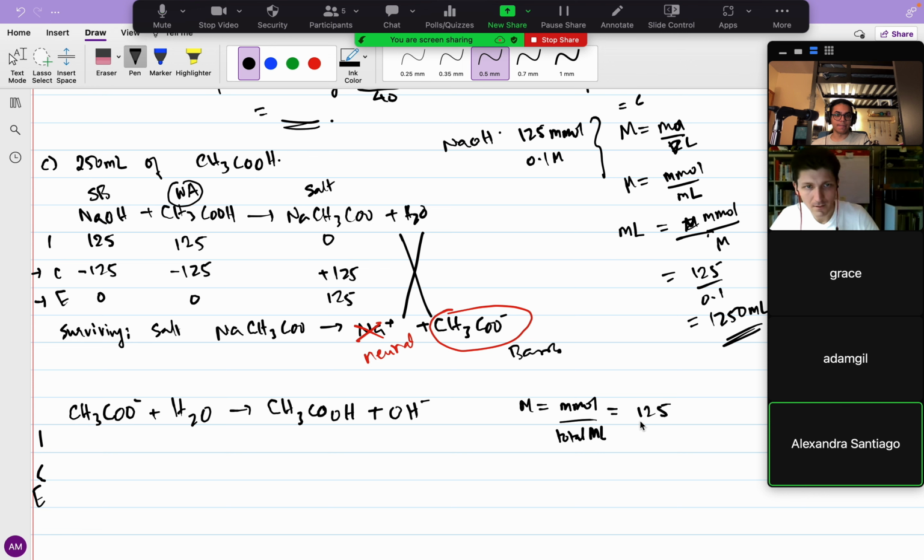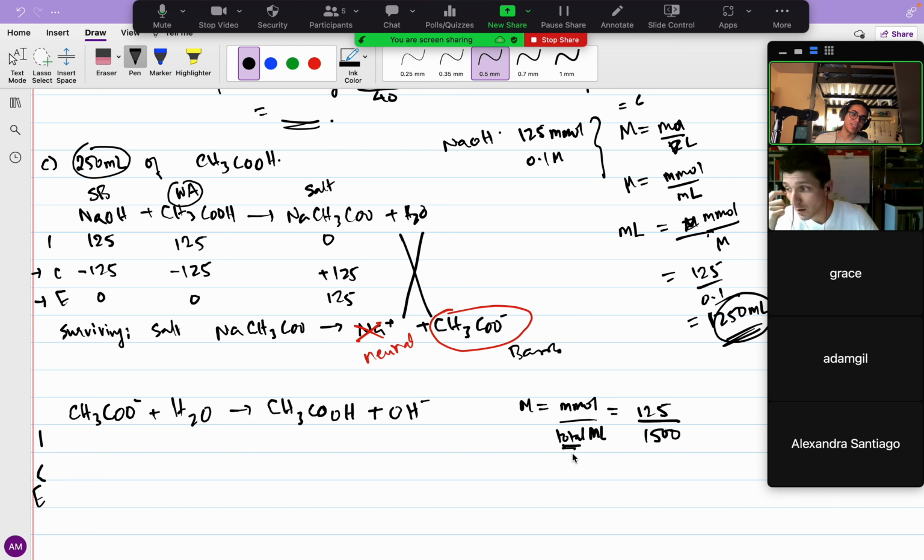Exactly. Divided by the 250. That's only one of them. Here's the other one, 1500. Yep, 1500. That's why I'm emphasizing total milliliters. It's the sum of the two.